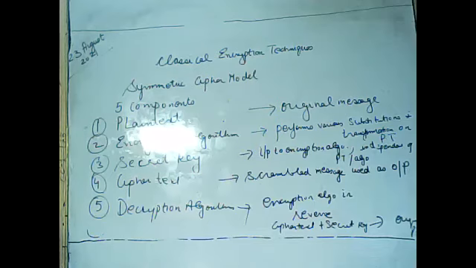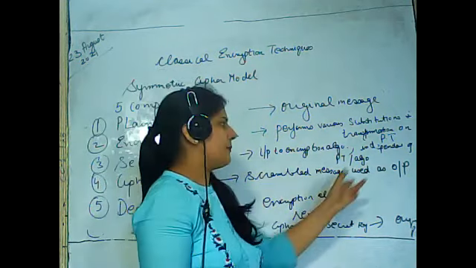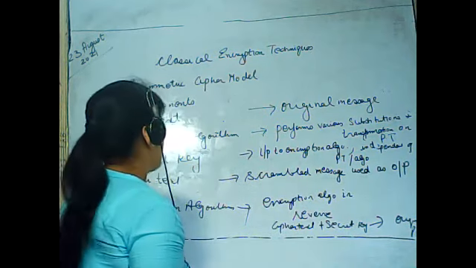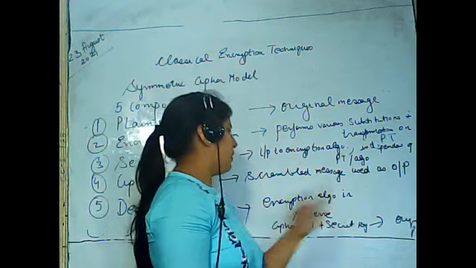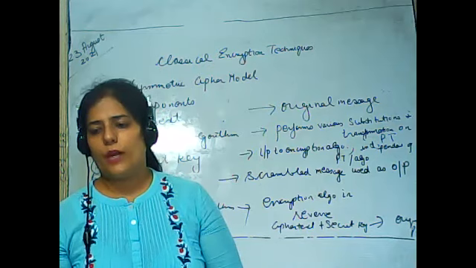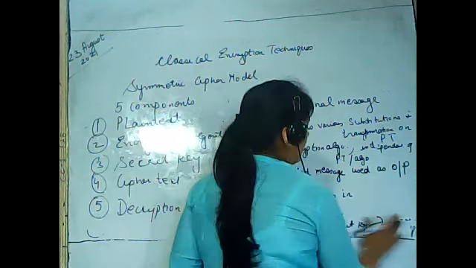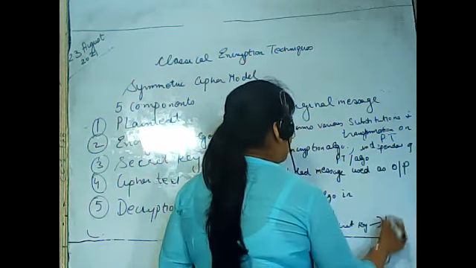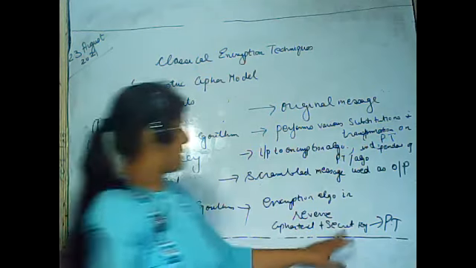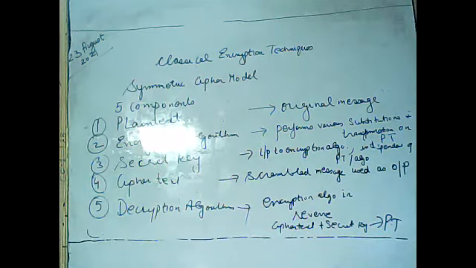Fine. So next is the ciphertext. The ciphertext is a scrambled message used as the output. And in the decryption algorithm we are performing that same encryption algorithm, but in the reverse form. Okay, why in the reverse form? So that we can get the original message. So here you can see that it will take your ciphertext and your secret key, and finally it will produce the plain text.